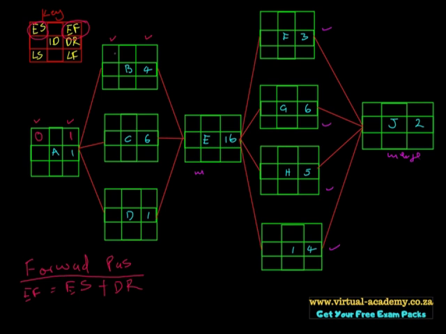So how do we get this early start? The early start of each and every activity is equal to the early finish of the preceding activity. That is a rule. The early start of an activity is equal to the early finish of the previous activity.